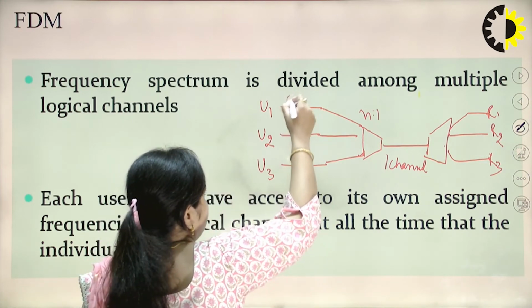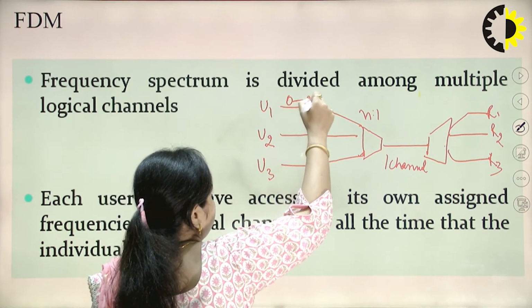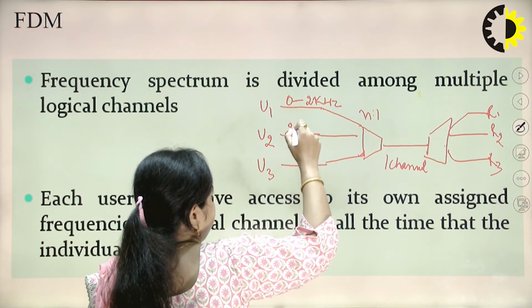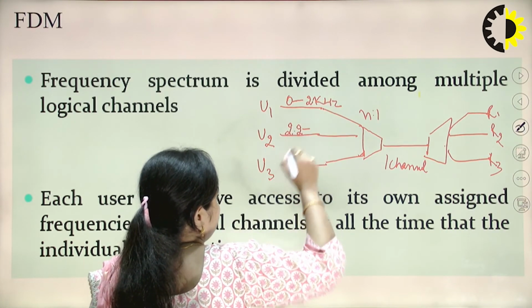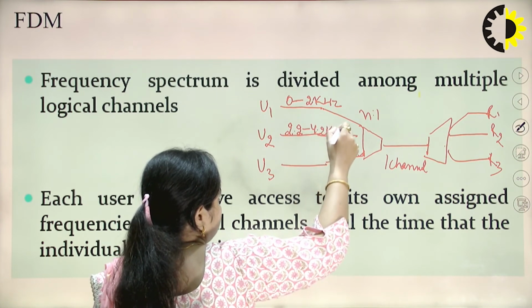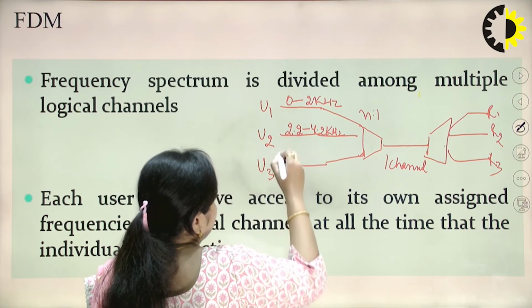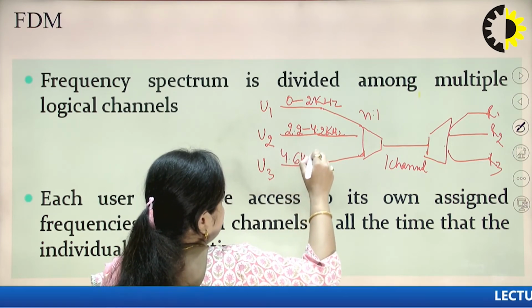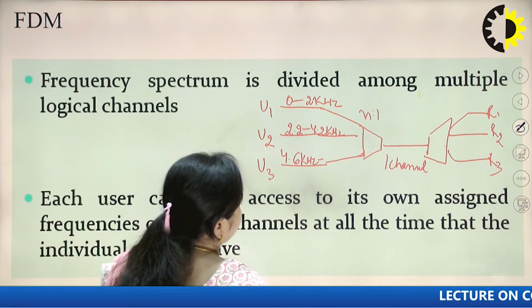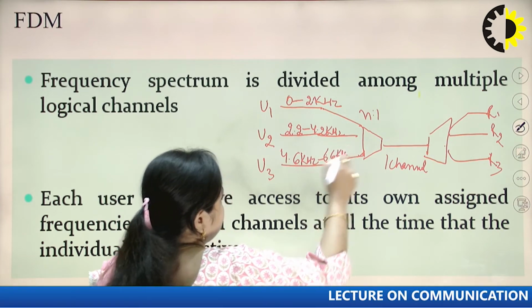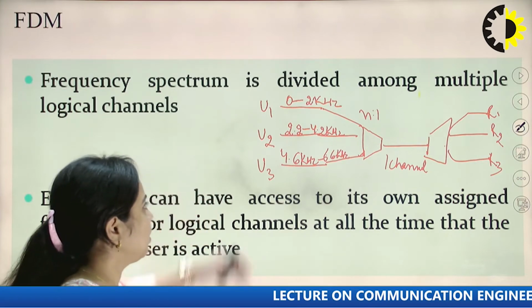So, this is having frequency 0 to 2 kilohertz. Then I will take 2.2 to 4.2 kilohertz. Then 4.6 kilohertz to 6.6 kilohertz. So, basically what I did, I have inserted guard band after every user.